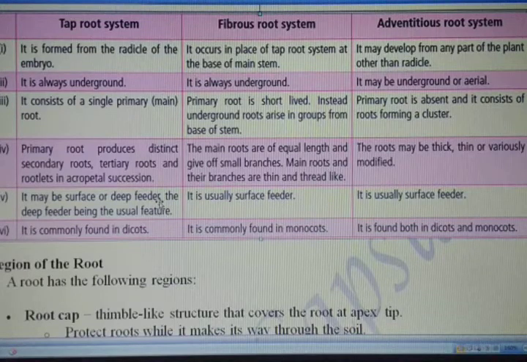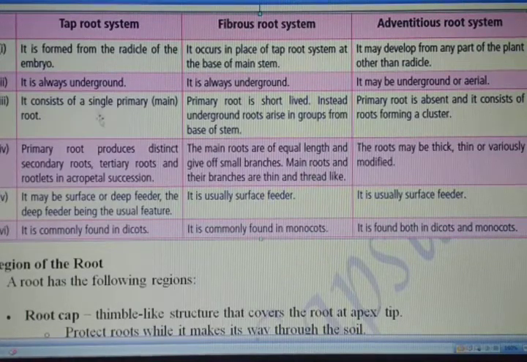So that's why over here it may be surface or deep feeder, the deep feeder being the usual feature. Usual means normally they are able to penetrate deep into the soil, whereas when we talk about the fibrous root system, these roots do not penetrate deep into the soil, they are surface feeders. And likewise the adventitious roots are also surface feeders.